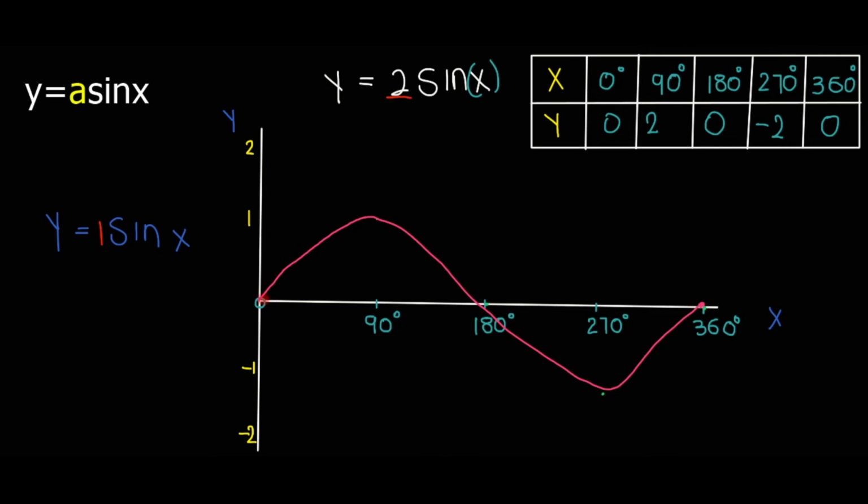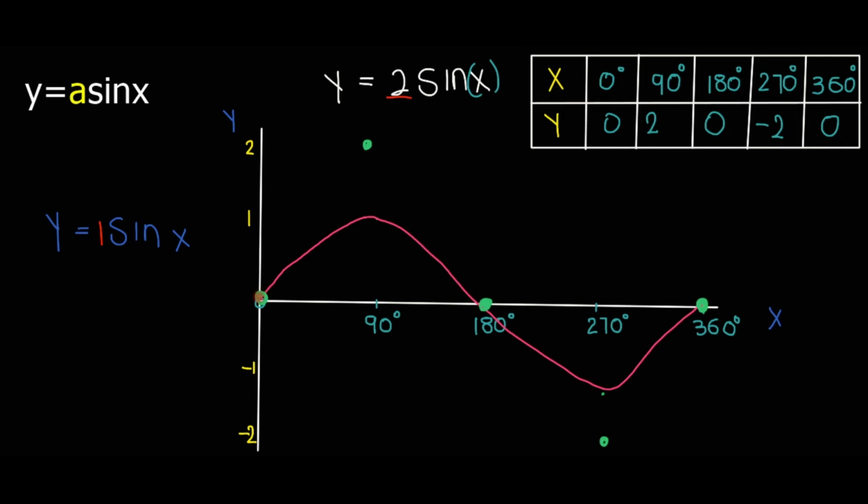We have 0 and 0, and then 90 and 2. So we have 180 and 0, 270 and -2, 360 and 0. And then now our joined points.